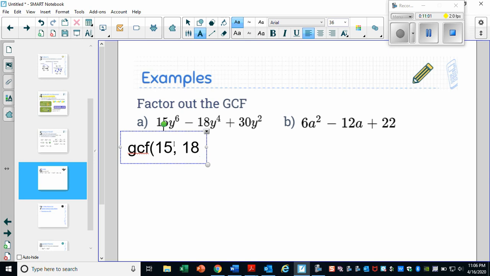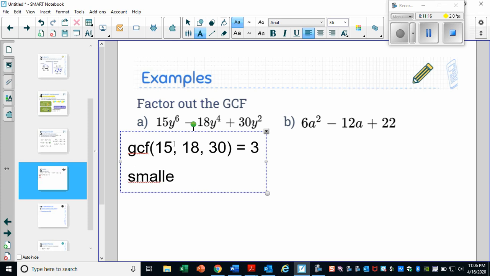Don't worry about negatives. You should get a result of 3. And then the smallest exponent, out of 6, 4, and 2, is 2.